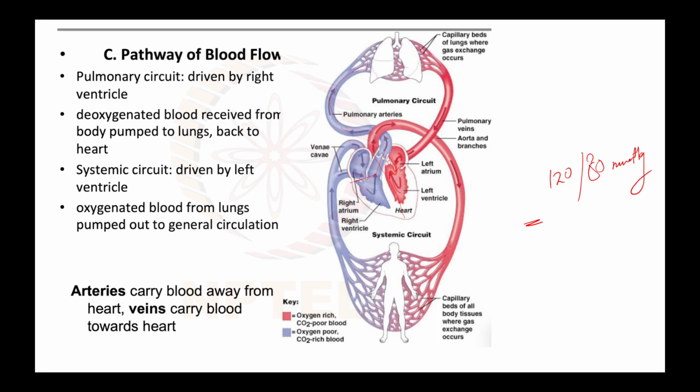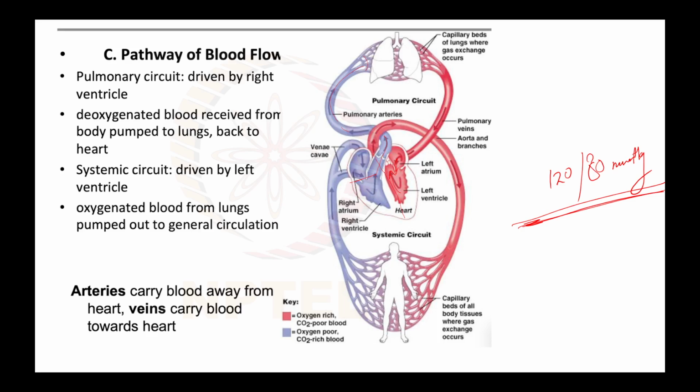So we know this is the normal blood pressure. The blood flows in our body with this much pressure only when it exits from the left ventricle and spreads throughout the body.